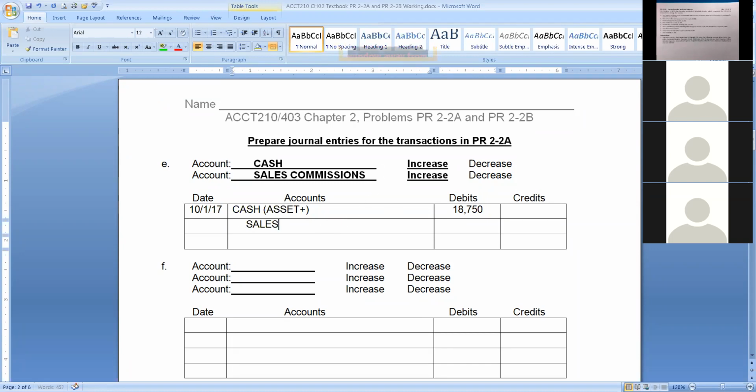Sales commissions, that's revenue. And I'm going to put down here, revenues are always going to be credits. And sales and revenues are exactly the same thing.